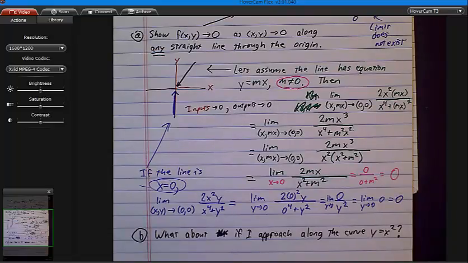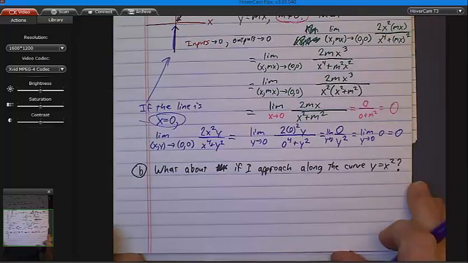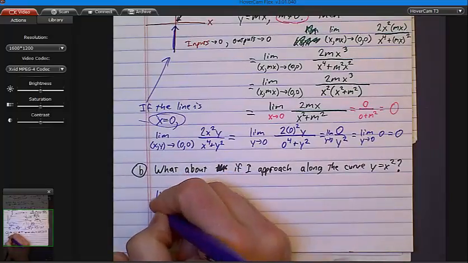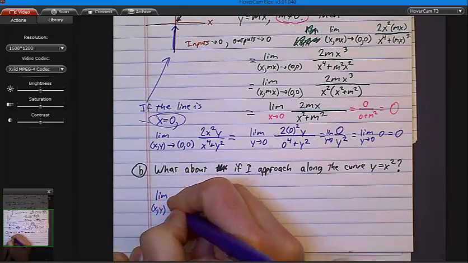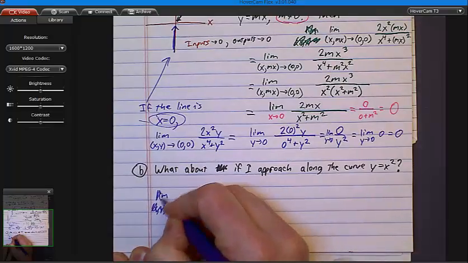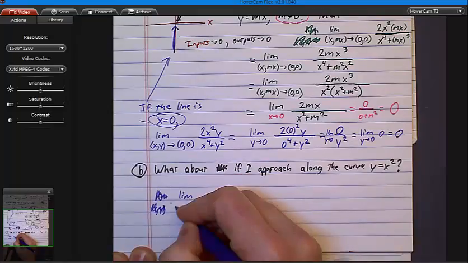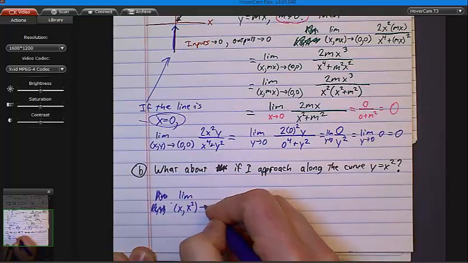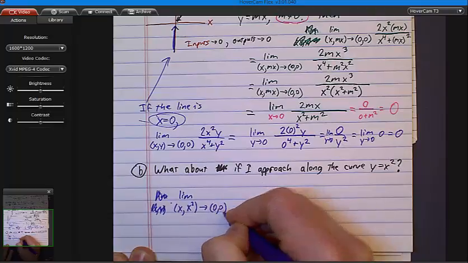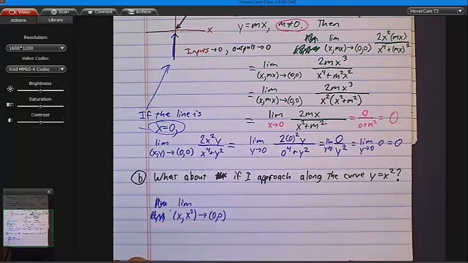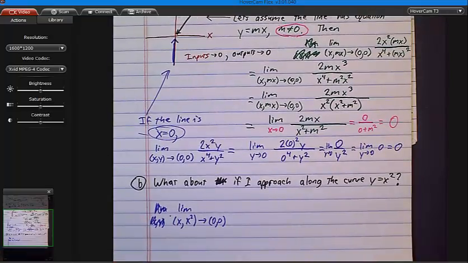So here I go. Limit as (x, y), oh wait a minute. Instead of (x, y), let's write limit as (x, x squared) approaches (0, 0). Because we're saying we're actually going to stick along the parabola as we head in towards the origin.